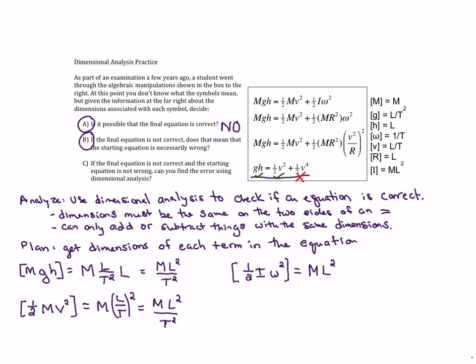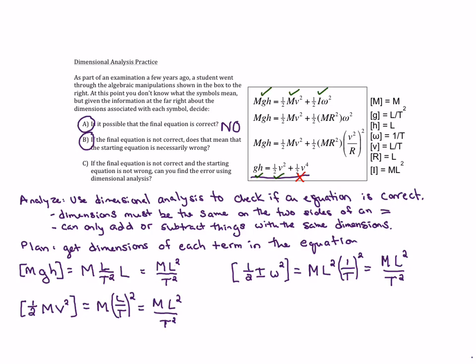And then omega, the w, its dimensions are 1 over time, so like 1 over seconds, for instance. And then omega is squared, so its dimensions get squared. And then when we multiply it all out, we get a mass and a length squared over time squared. And here, everything is consistent.